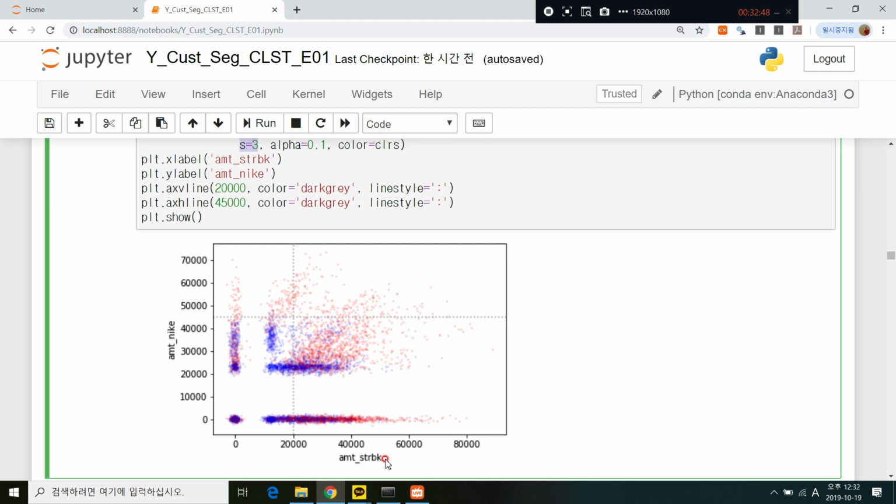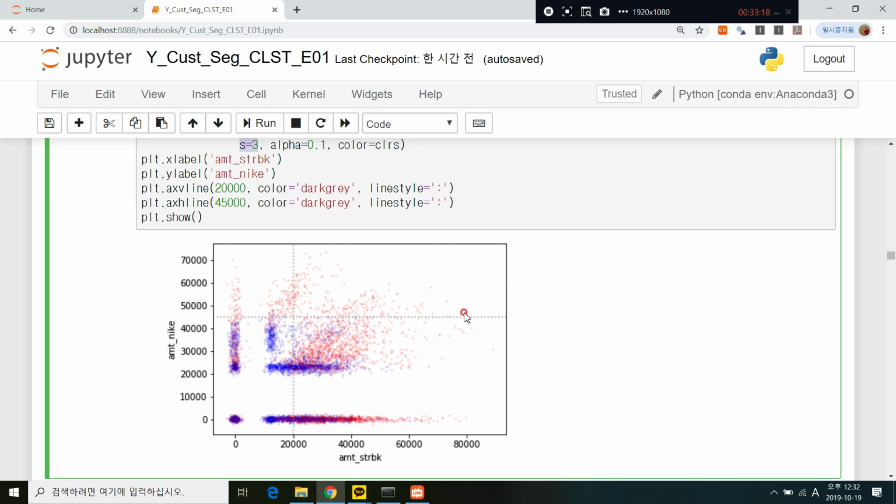Then the next step is the second dimension. The axis shows the amount of Nike spending. Moving down, your eyes are here, and maybe you can clearly see that there is a little bit of change here. It's roughly about 45,000.